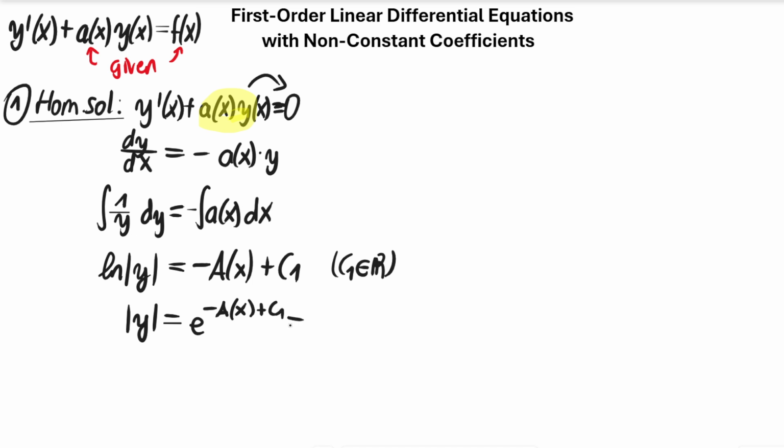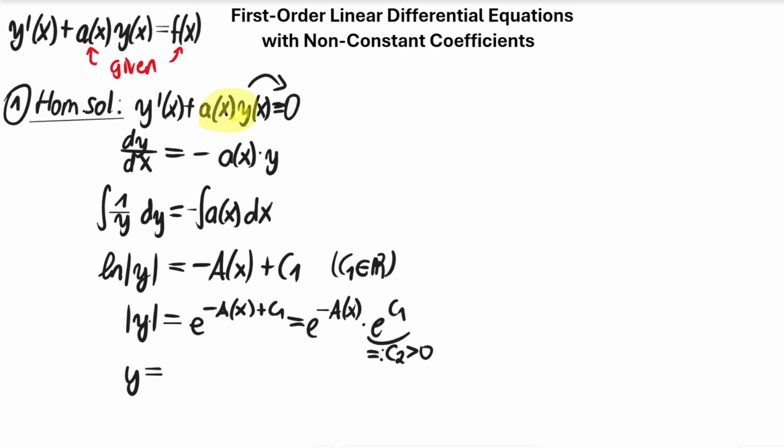And now we use the power rule to split the exponent. And we know that the last part here is greater than 0, and we define it as another constant c2.